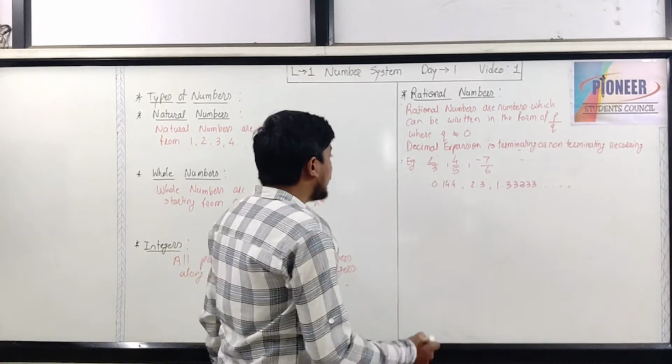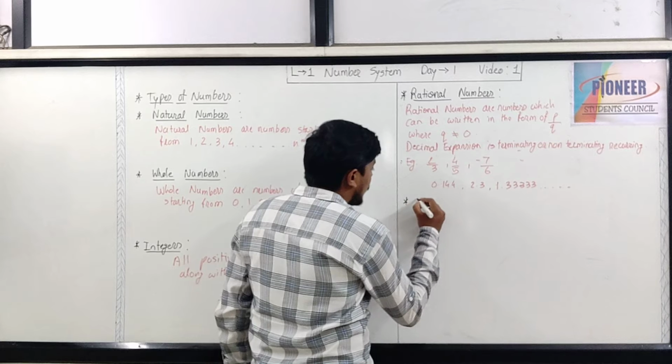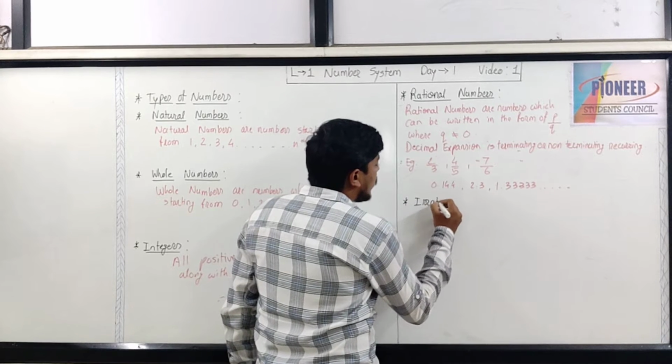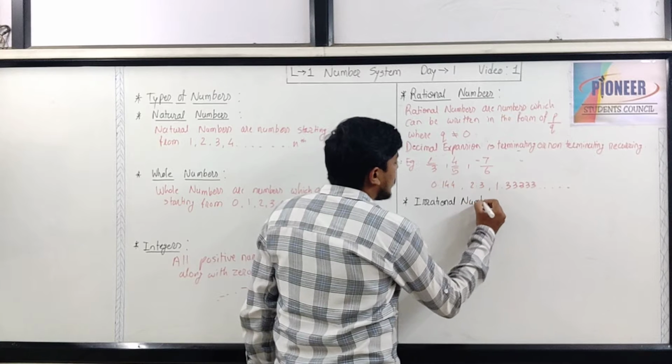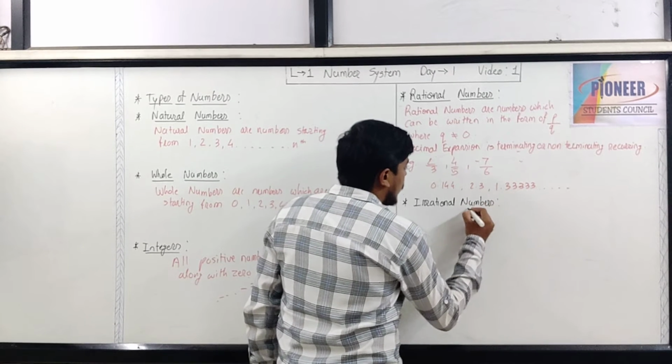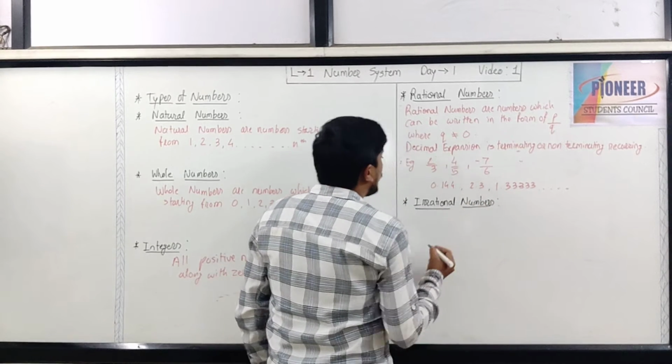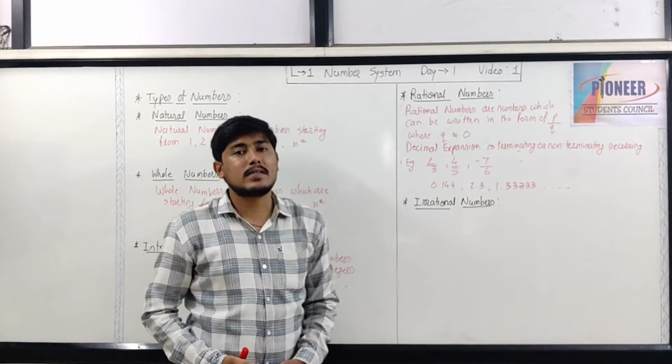Now, irrational numbers. What do you mean by irrational numbers? It is opposite to rational numbers.